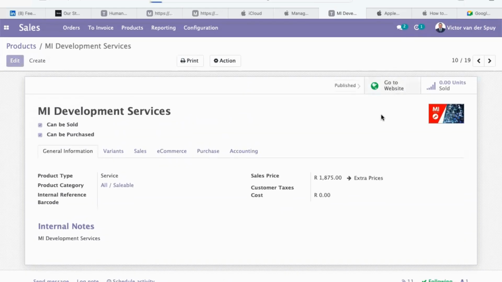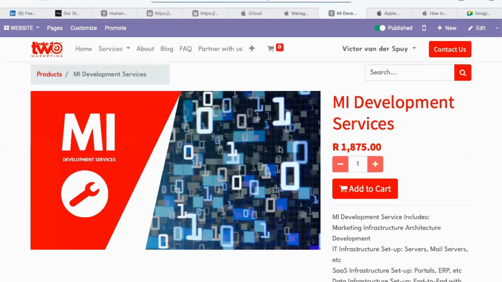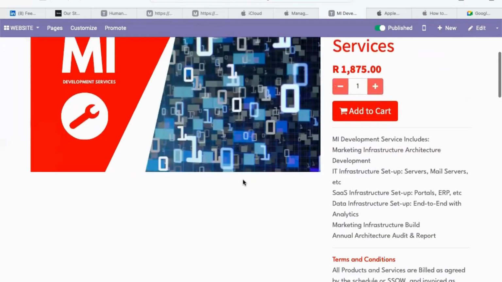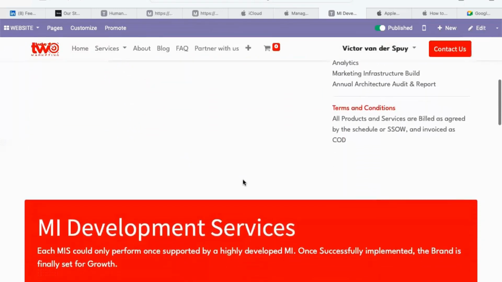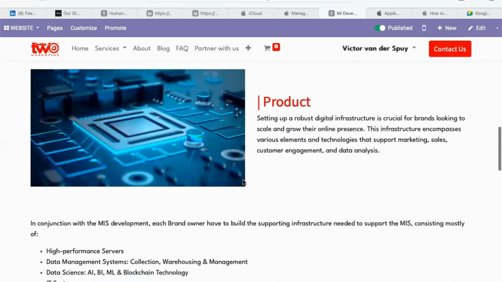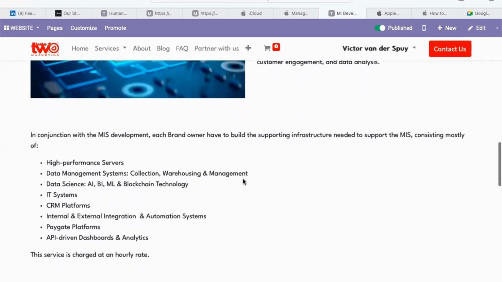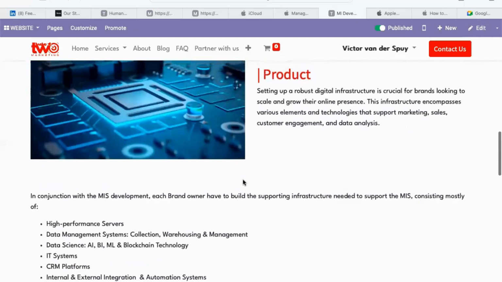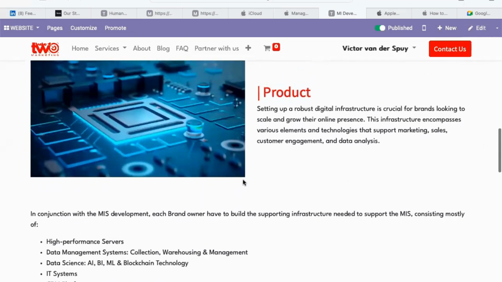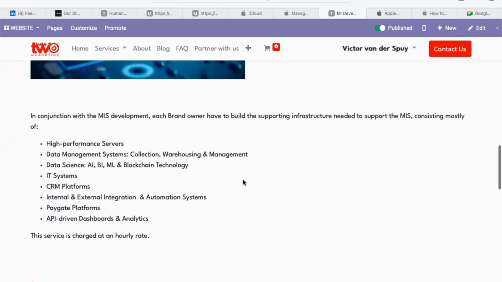This is all very, very important. It's not just marketing portals, it's not just marketing servers or IT engines. This world has changed so fast and so much has changed. So, really, in a nutshell, it comprises servers, right?